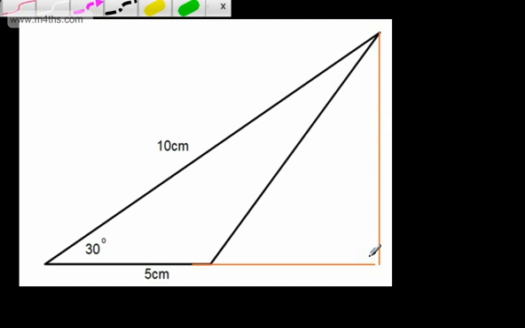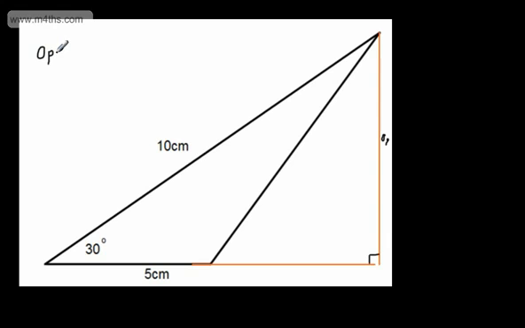So if I put the right angle here, we want this length right here. This is going to be the opposite. So our opposite is just here. This is the hypotenuse, this is the angle. So we can say that the opposite is going to be equal to 10 sine of 30 degrees. So opposite, hypotenuse multiplied by the sine of the angle.